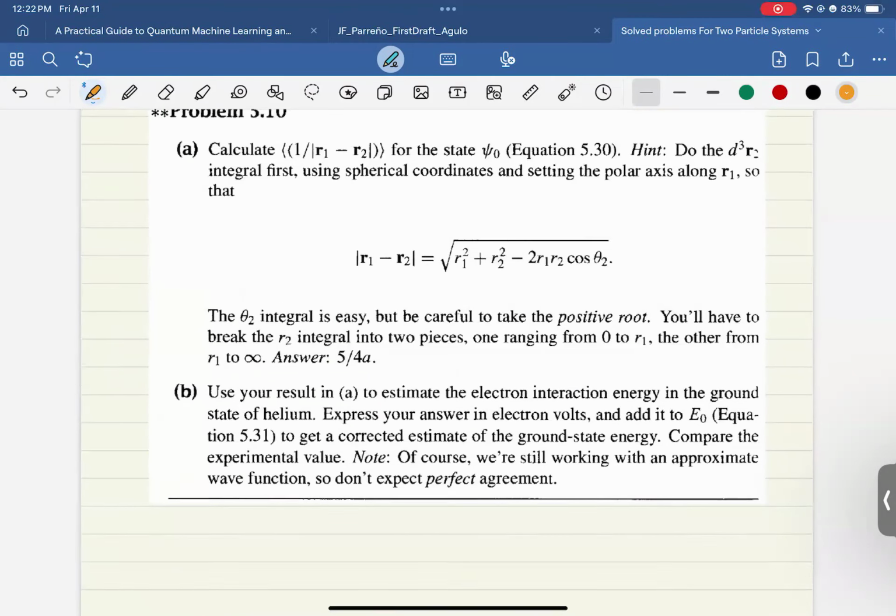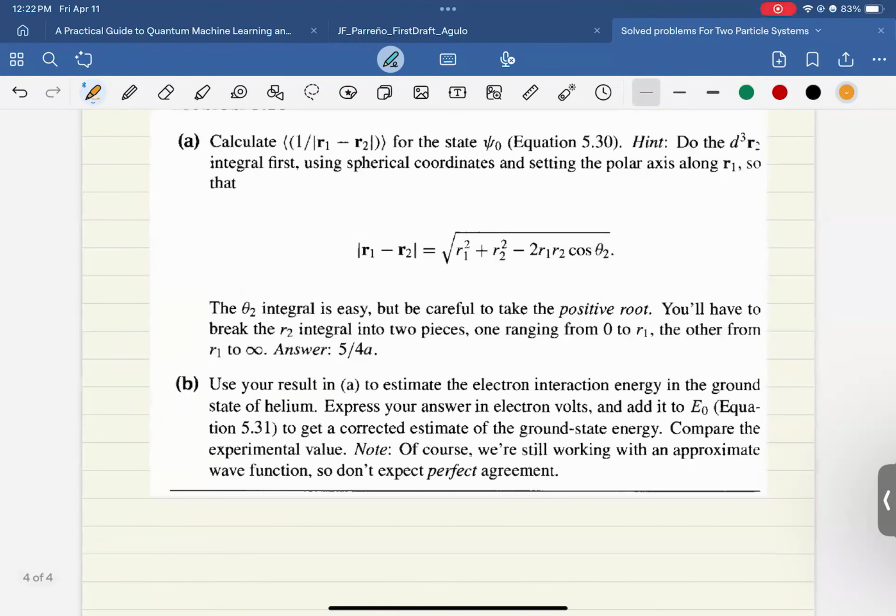Okay, so ito yung next na problem. Okay, so sa problem na ito, okay, we're going to calculate yung expectation value ng 1 over |r1 minus r2|, okay, for the state psi naught. So equation 5.30. Okay, recall that this is the electron-electron interaction term.